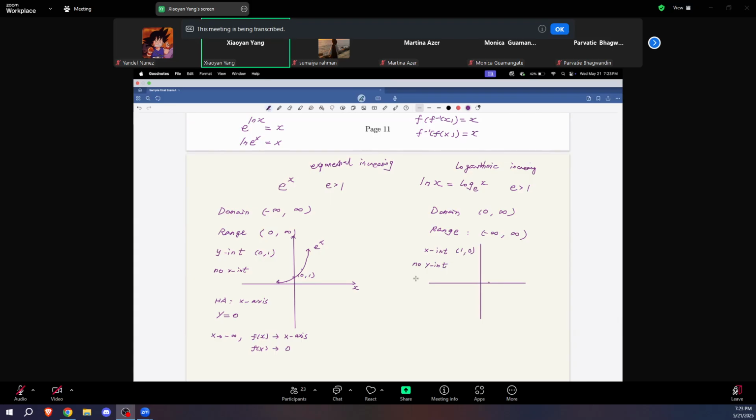A horizontal asymptote becomes a vertical asymptote, which is the y-axis. We represent a vertical line, x equals 0, as the vertical asymptote. Vertical asymptote means when x approaches 0, in this case from the right, f of x approaches negative infinity.